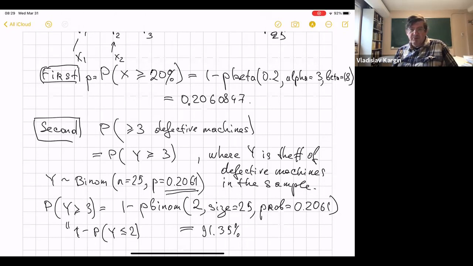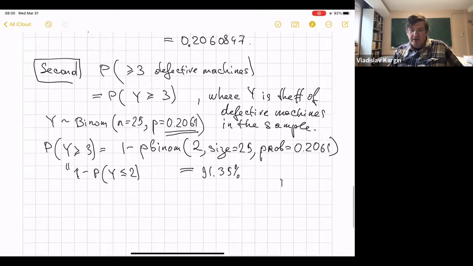The total sample size is 25, so 25 times 1/5 is equal to 5. So the expectation of Y is equal to np, which is approximately 5. So the probability that it's greater than or equal to 3 is certainly large, it's 90% in this case.